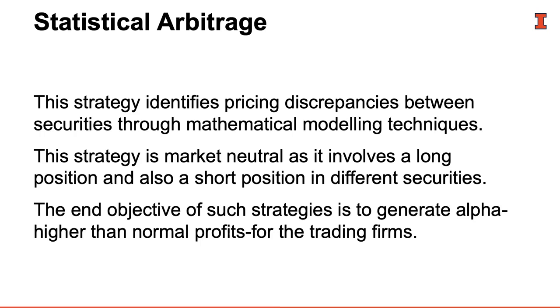Generally speaking, the strategy is market neutral in that it does involve a long and short position in different securities that are trying to offset each other in terms of their risk and expected return. The end objective is such that you want to generate a higher profit than normal profit for the investing firm or the trader.